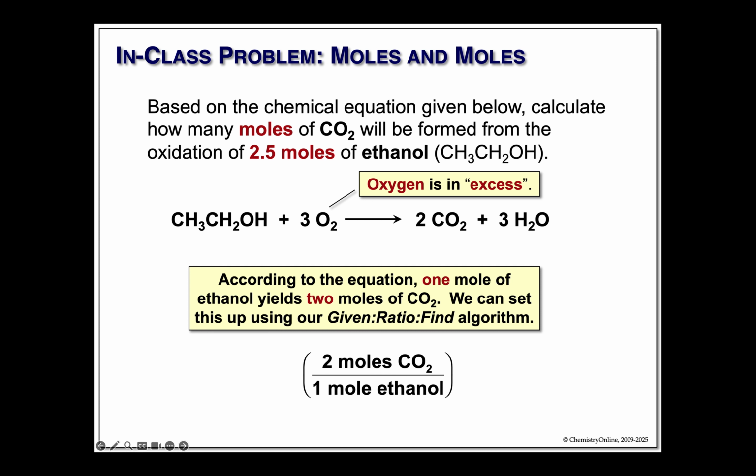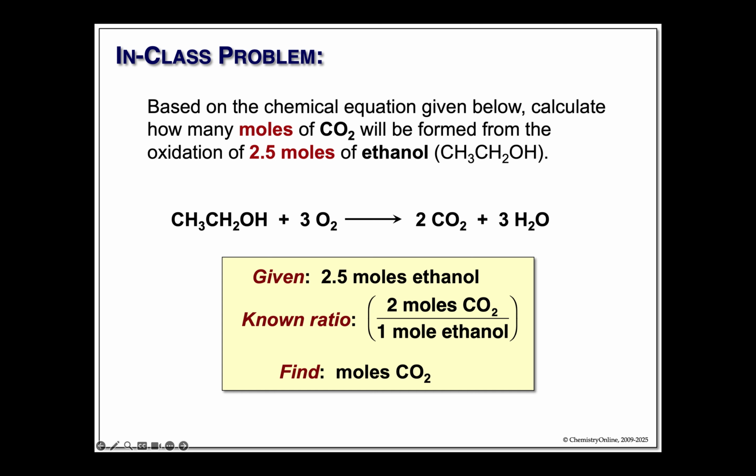So when we write our ratio, we put moles of ethanol, the unit, in the denominator. And our given, like I said, is 2.5 moles. So we have a setup that looks like this. 2.5 moles of ethanol, here's our ratio. Again, units match. And we're trying to find CO2.